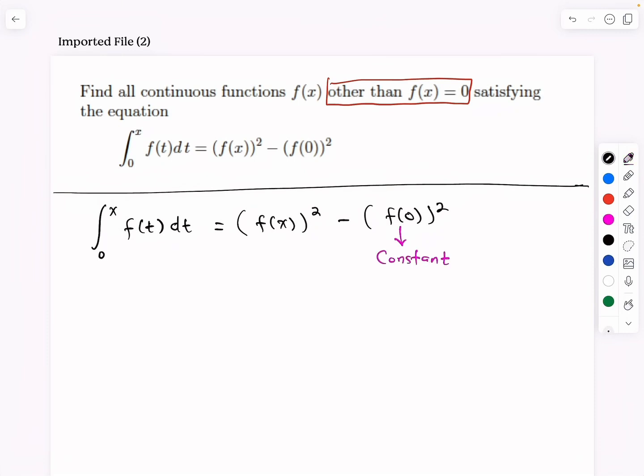I know that if I differentiate a constant, it will always give me 0. So the first thing I want to do for this question is differentiate both sides with respect to x.